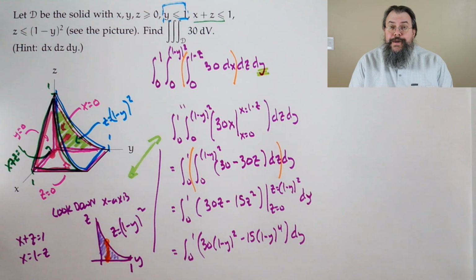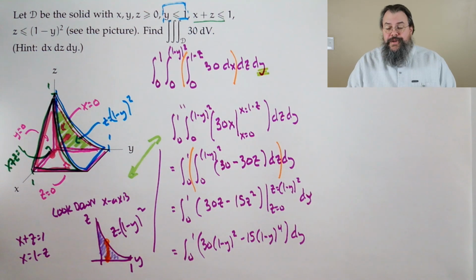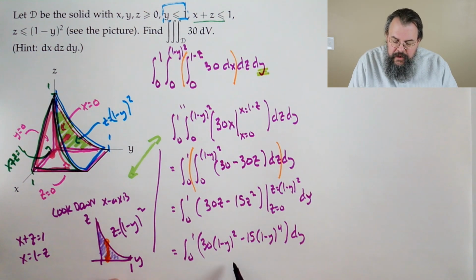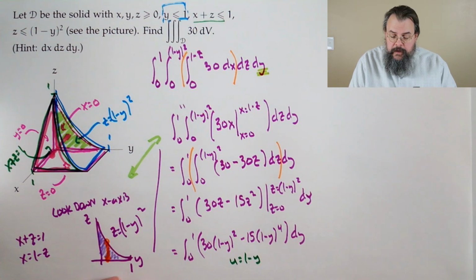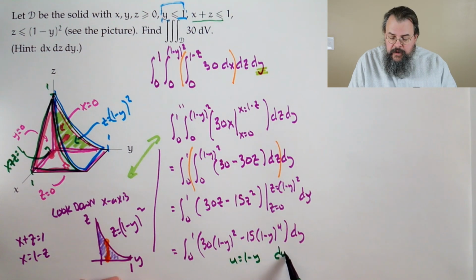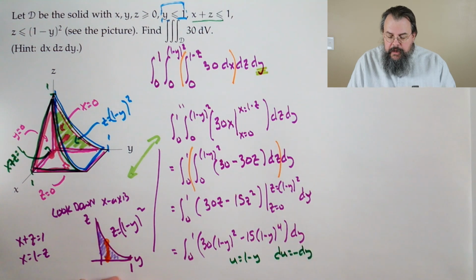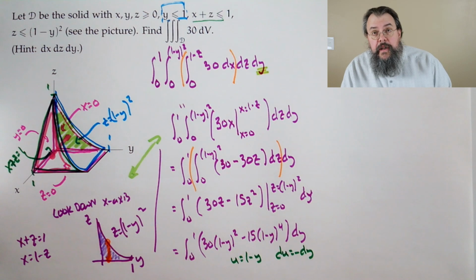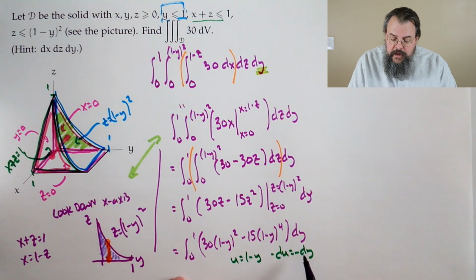Well, what we can do is do a nice substitution. Why not? We're allowed to do that. So let's make u to be 1 minus y. Okay, then we get that du is minus dy. So that's not so bad. Or to put it another way, minus du is plus dy.